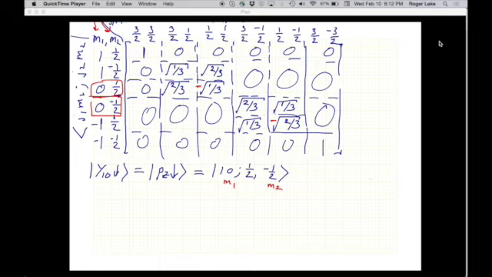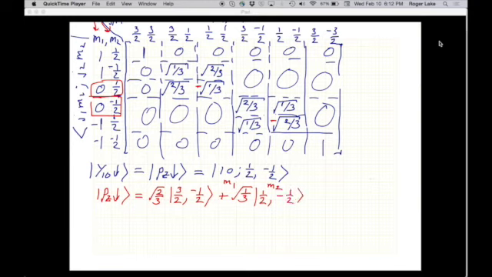And so I can immediately write down that PZ down is equal to root 2/3 times, when I go up to the top of that column, the 3/2, -1/2 state, plus root 1/3 times the 1/2, -1/2 state. So we've taken care of our two PZ orbitals and written them in terms of our pure angular momentum basis.